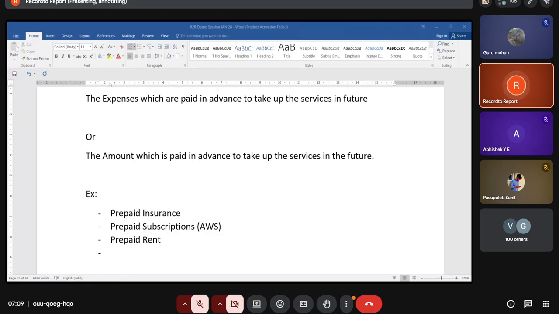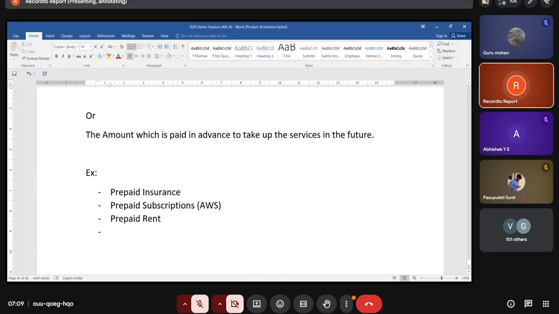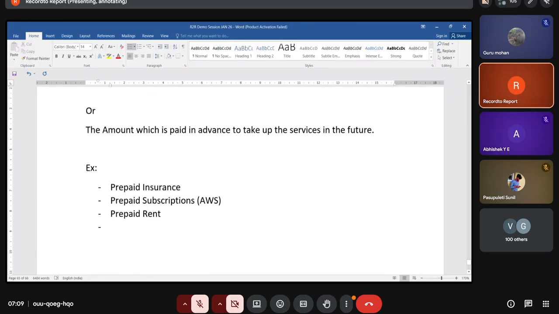If you require any financial assistance, you can contact the HR team and they will provide some salary in advance according to your package, and every month that amount will be deducted from your salary. That is prepaid salary: the company is paying the salary in advance to take the employee's services in the future.